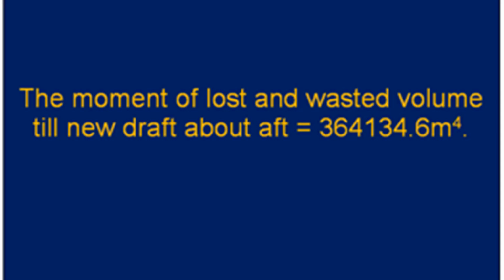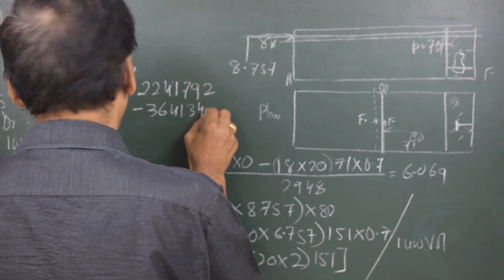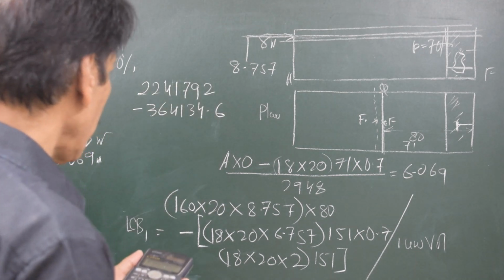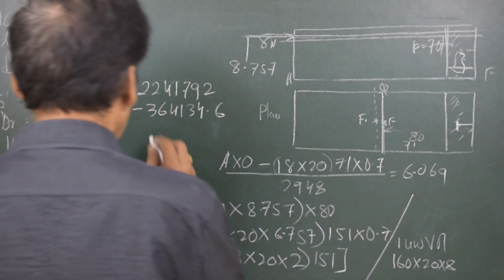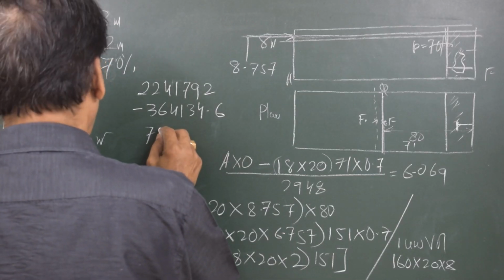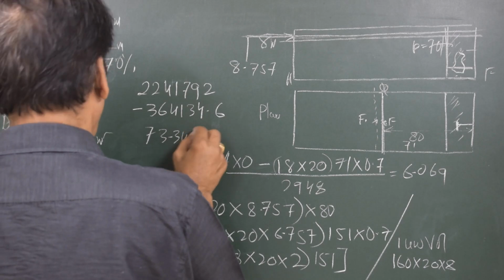So the expression is 364,134.6. So this will have to be my numerator, and this will have to be divided by intact underwater volume. Intact underwater volume is 160 into 20 into 8. So that gives me 73.346 meters.